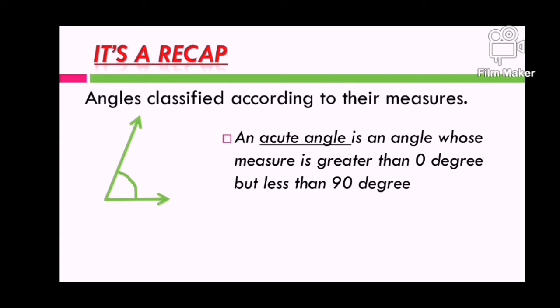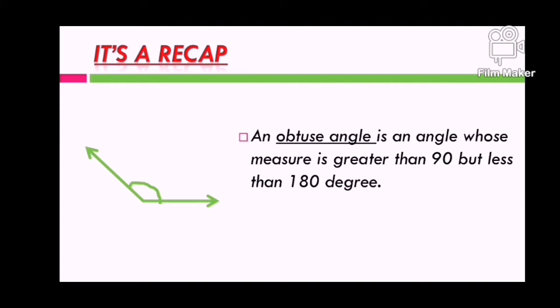It is an angle whose measure is greater than 0 degrees but less than 90 degrees. The third one is an obtuse angle. It is an angle whose measure is greater than 90 but less than 180 degrees.